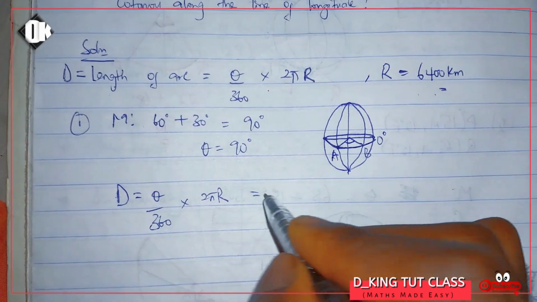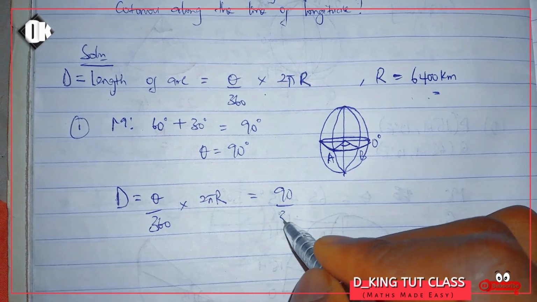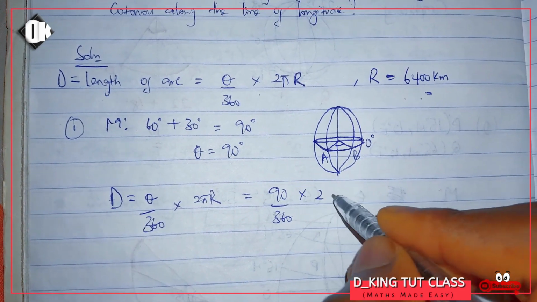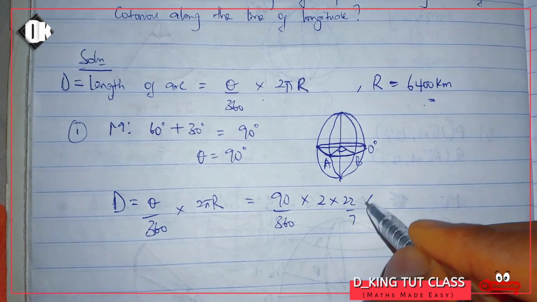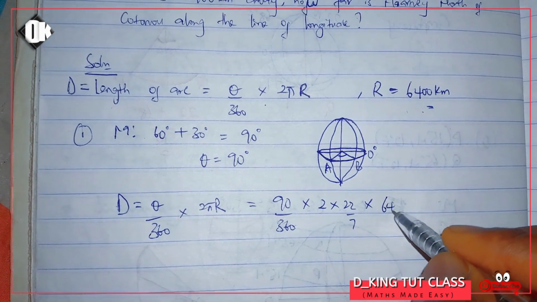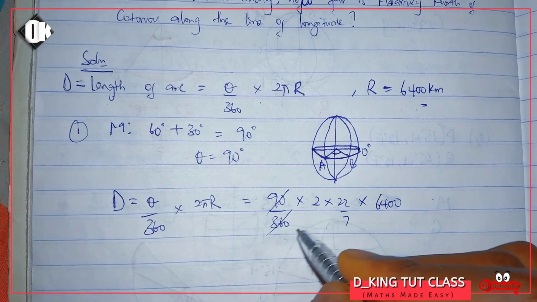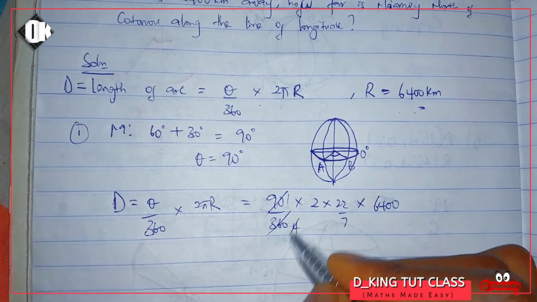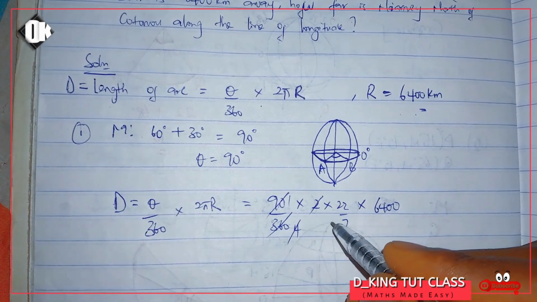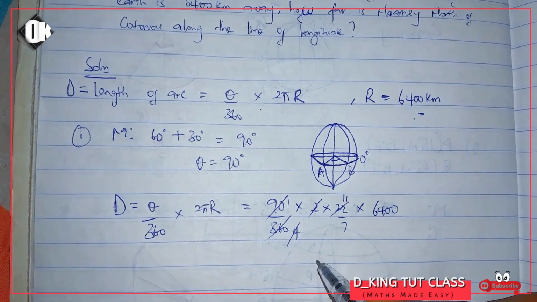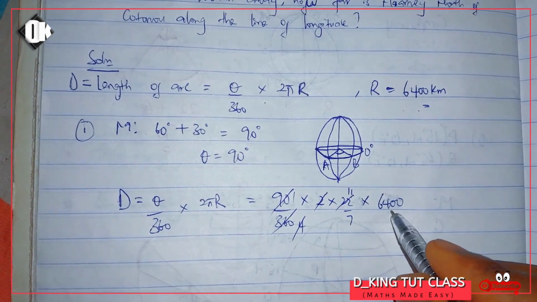In which case this becomes 90 over 360 times 2 times 22 over 7 times my r, which is 6,400. From what I have here, I can have this as 1 over 4. This goes here, 11. So I have 11 times 6,400 over 7.